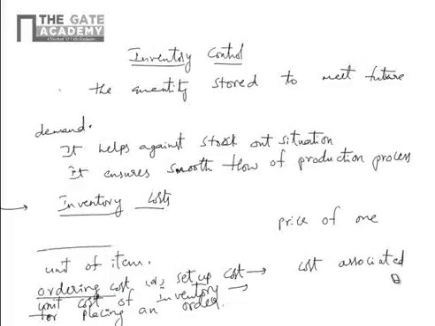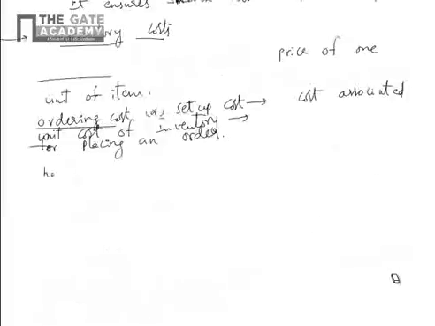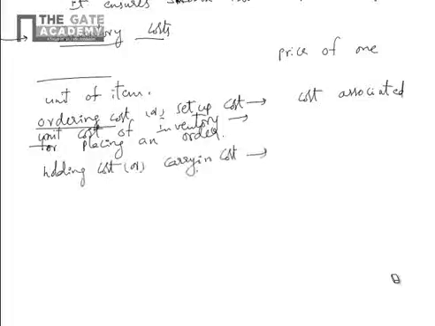Unit cost, ordering cost, and holding cost or carrying cost. So holding or carrying cost occurs due to maintaining an inventory level in the organization, due to the interest on the held up capital in the inventory.